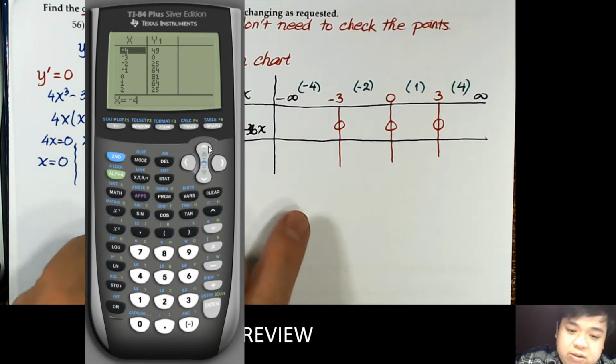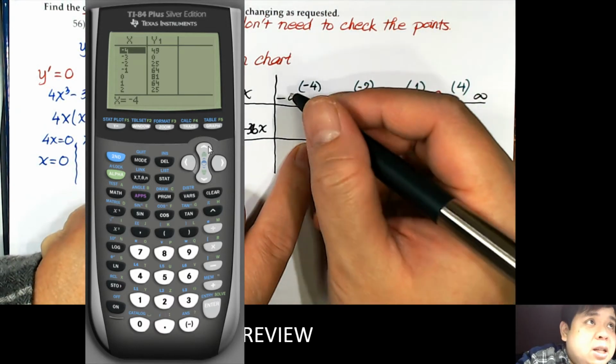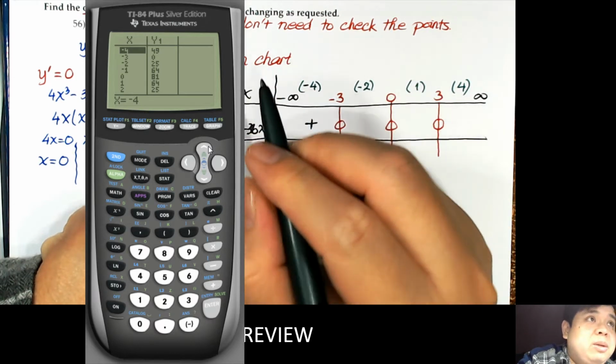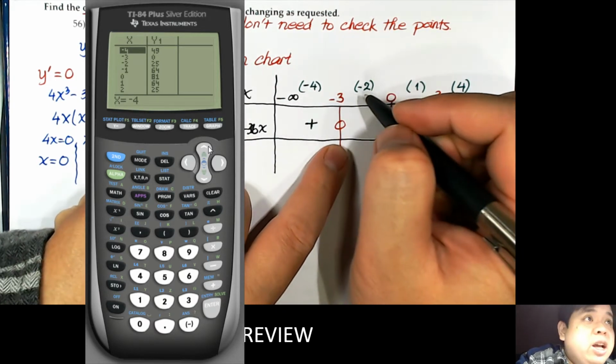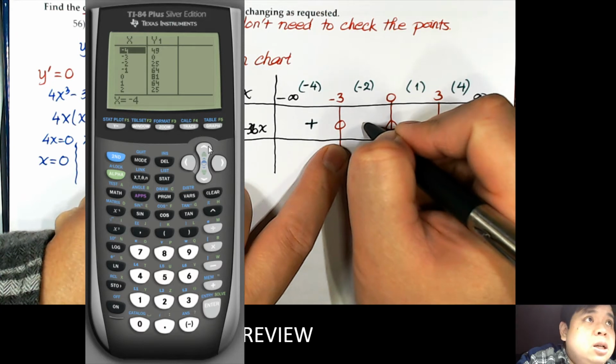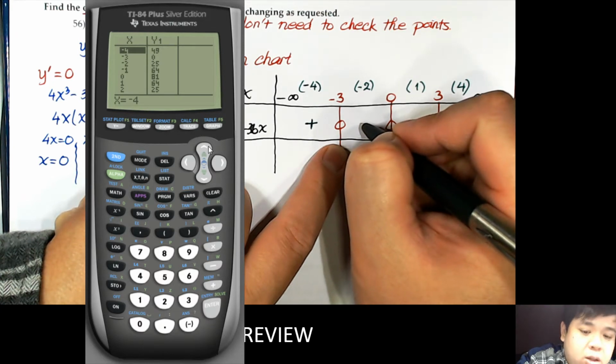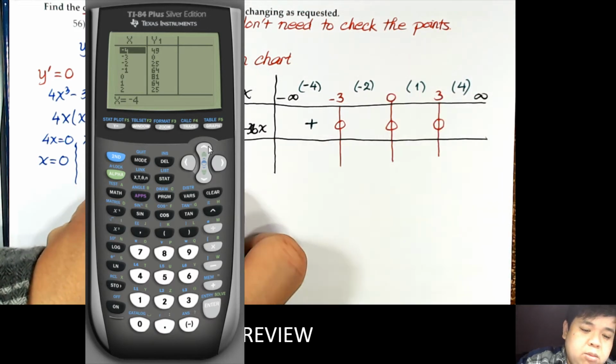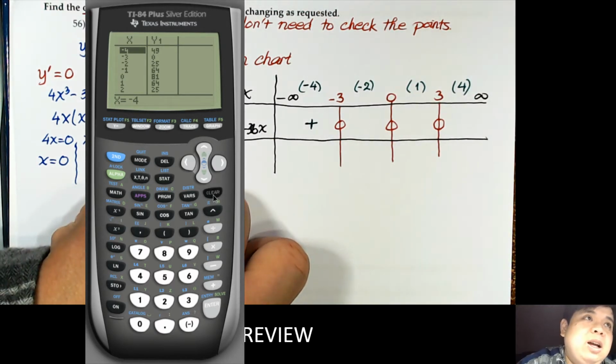X equal to negative 4, it is positive 49, sorry. X equal to negative 2 is, sorry, I should enter the derivative, not the function.